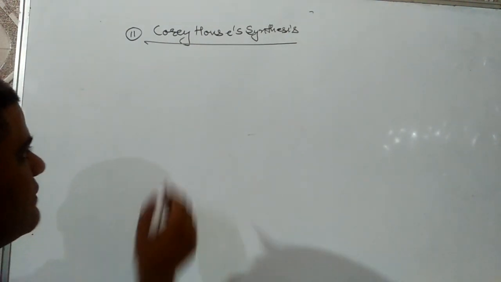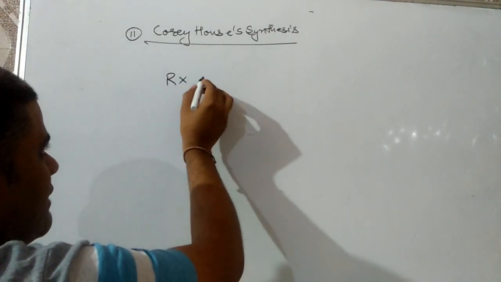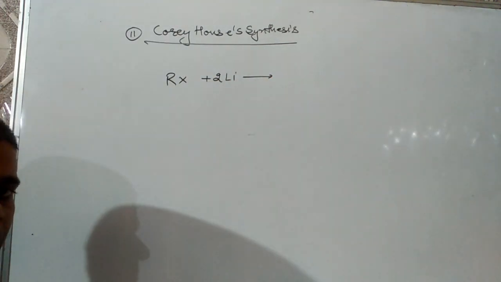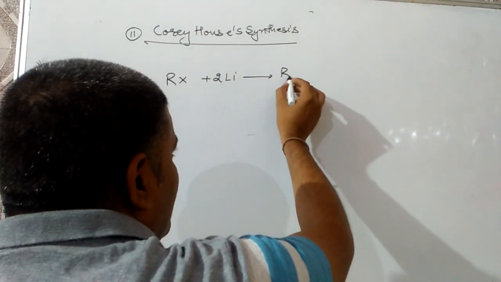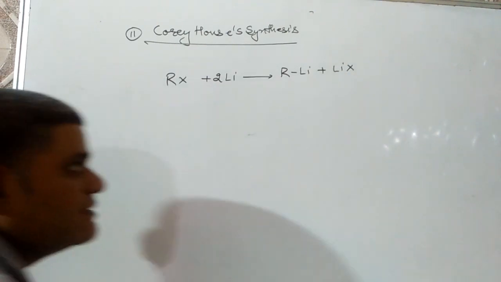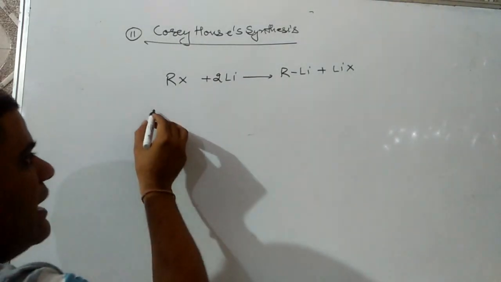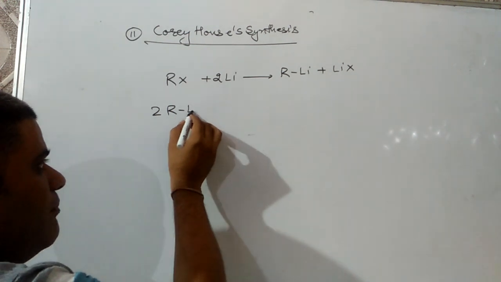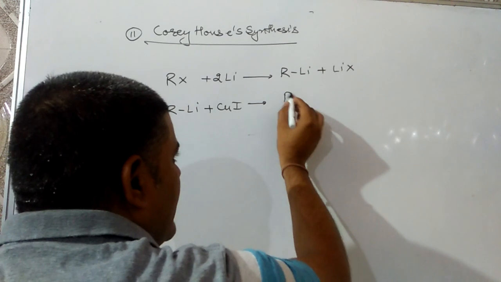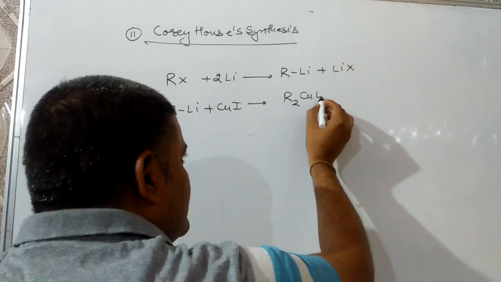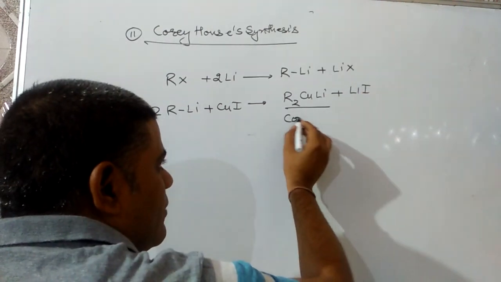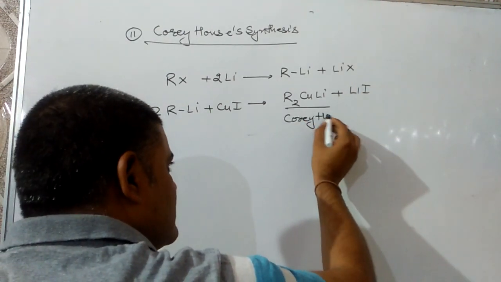In this method, first one haloalkane is reacted with lithium metal. Instead of sodium, we have to take lithium metal, due to which we will get an organometallic compound, alkyl lithium, as a product. Then this alkyl lithium reacts with copper iodide to produce dialkyl copper lithium, another organometallic compound, and that is known as Corey-House reagent.